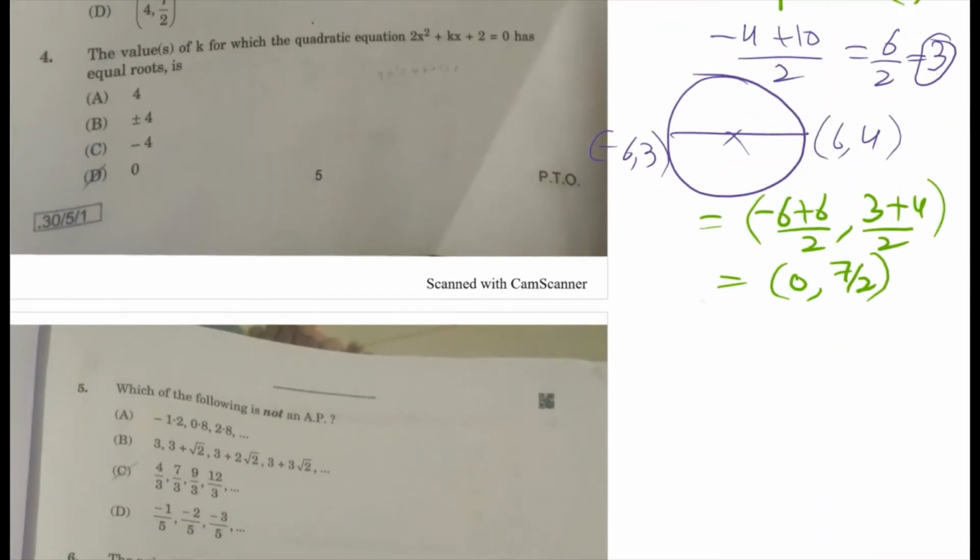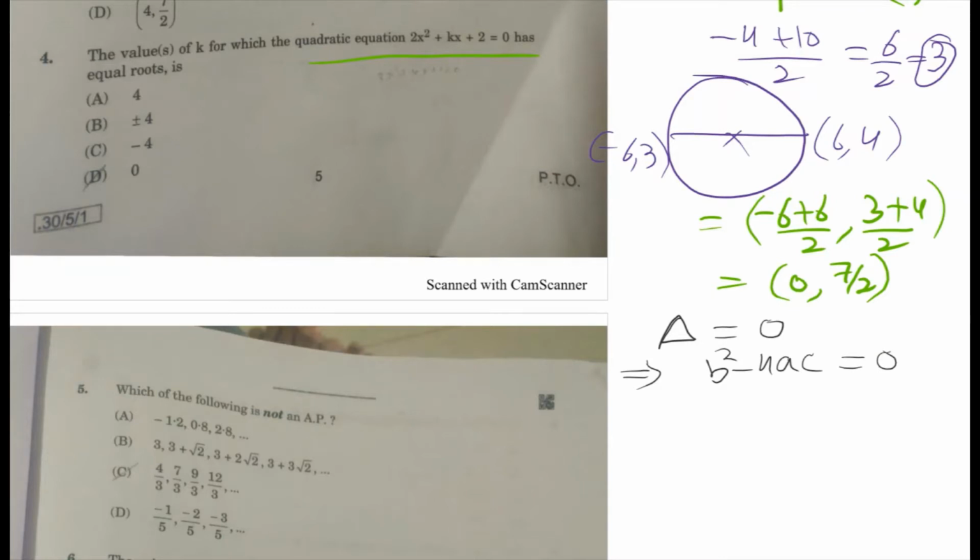Next question is, the values of k for which the quadratic equation has equal roots. So whenever we have equal roots, discriminant delta equals to 0. That implies b square minus 4ac equals to 0.